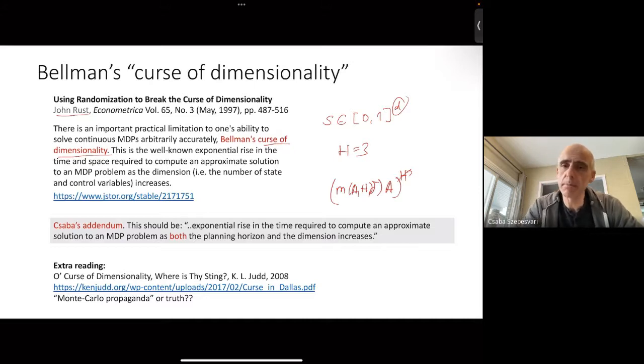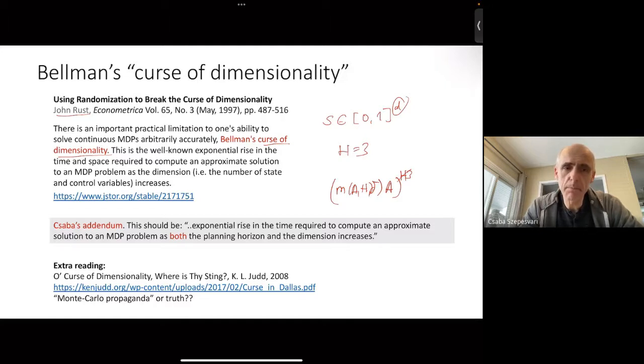This is a polynomial dependence. Nothing bad happens if your horizon is fixed, as long as you're good with polynomials. Which kind of also tells us that maybe we are not that good with polynomials. If the order of the polynomial would be 100, then maybe we wouldn't want to use that procedure. But okay, that's a different story.